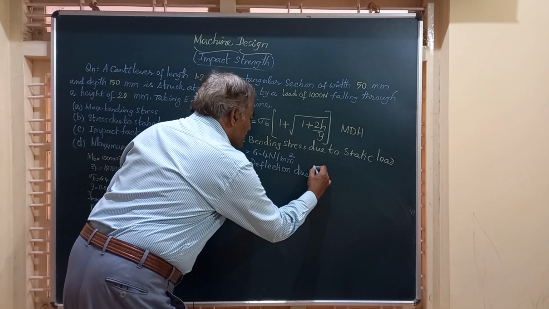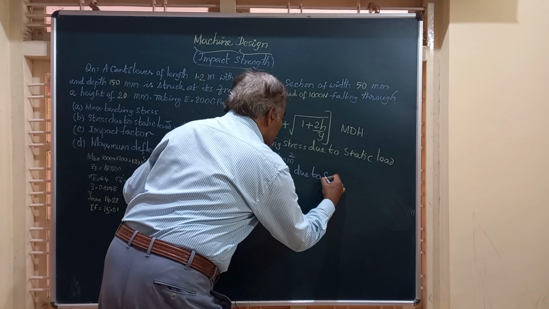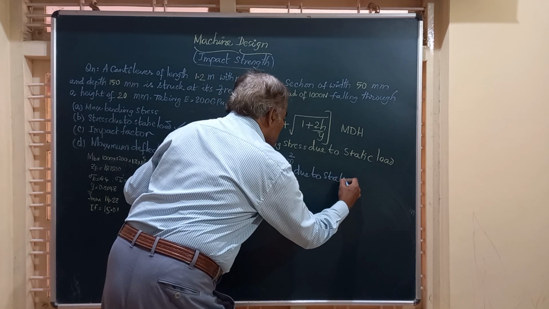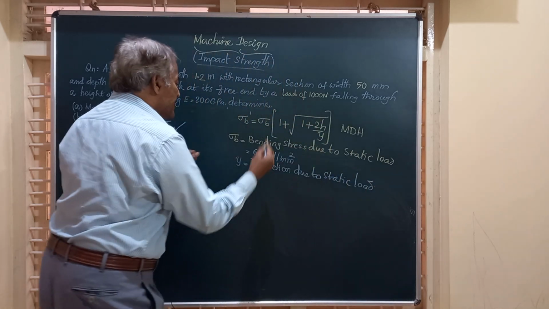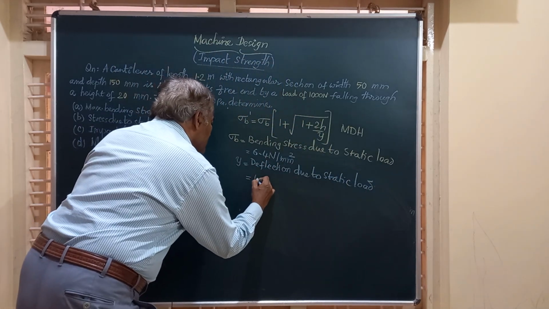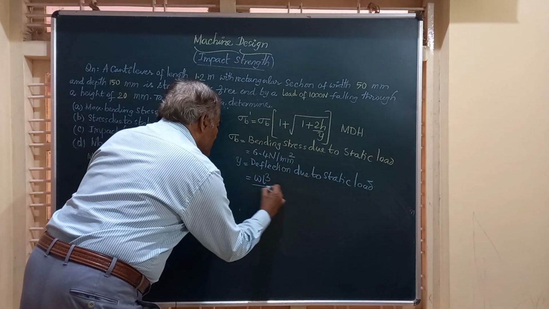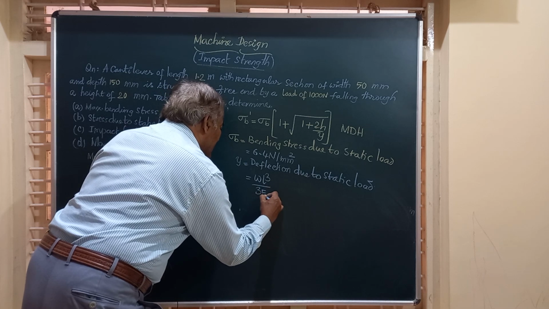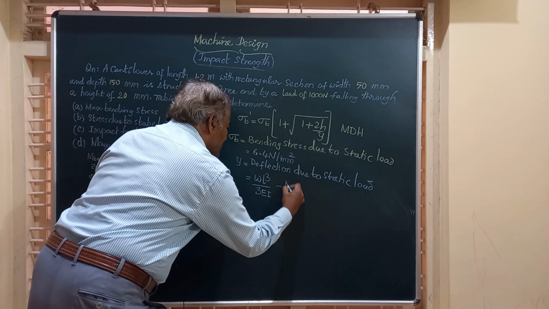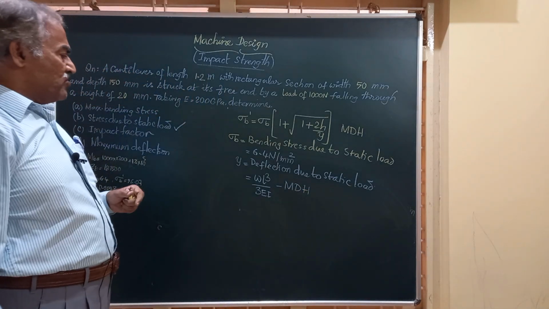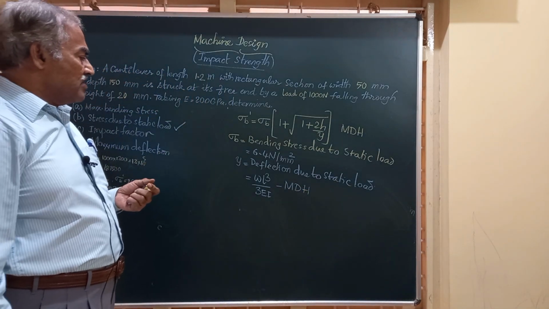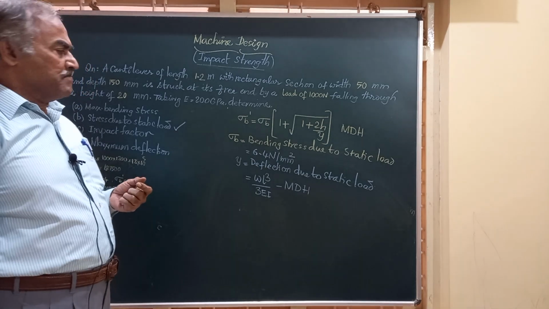For the case of a cantilever, this is given by W L cubed by 3 E I. This is available in the machine design handbook, MDH. You will be having this formula y is equal to W L cubed by 3 E I.